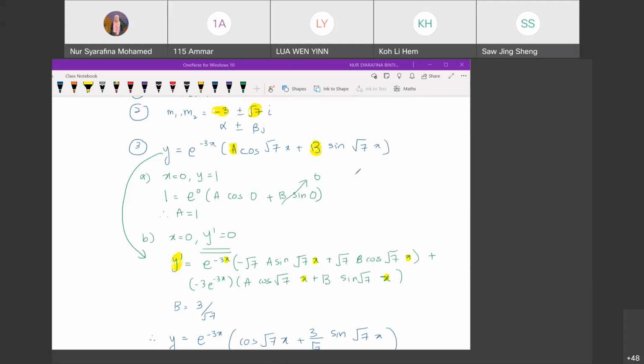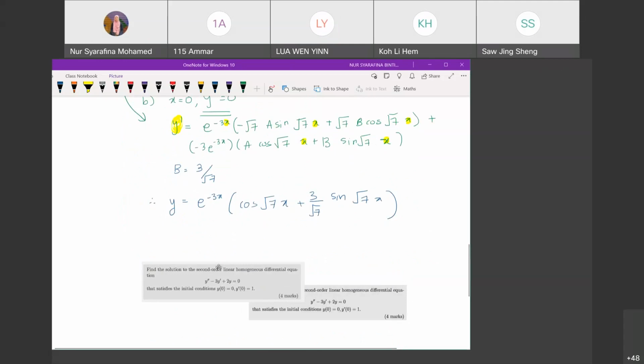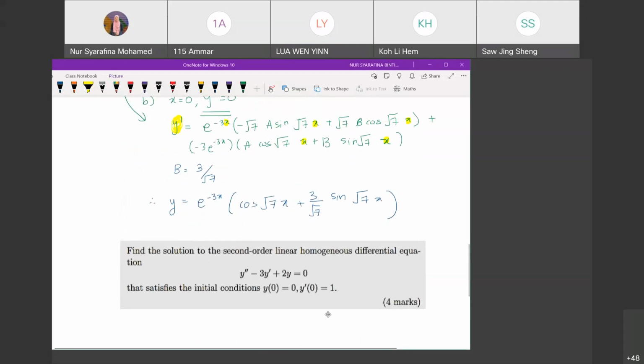All right, so you can try past year test 1, the first question there. It's quite identical. Try this. It's quite easy.